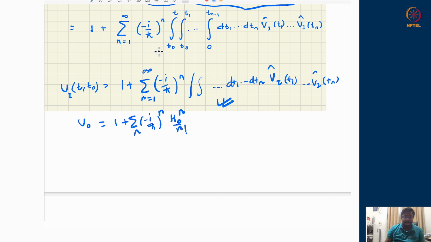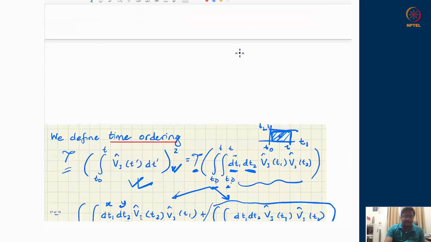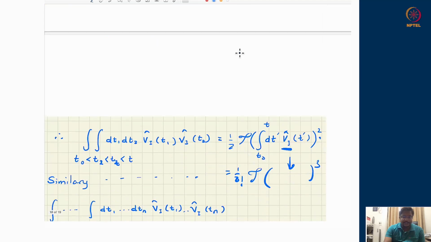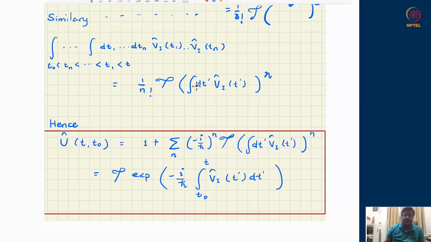So the power series expansion which we just wrote down is 1 plus (minus iota upon h bar) to the power n, and then the n product. And now I know the n product is nothing but 1/n factorial times the time ordered product of n integrals of the same limit. So the interaction picture unitary which we are looking for is 1 plus the sum of (minus iota upon h bar) to the power n, and the time ordered version of the n product of the integral.